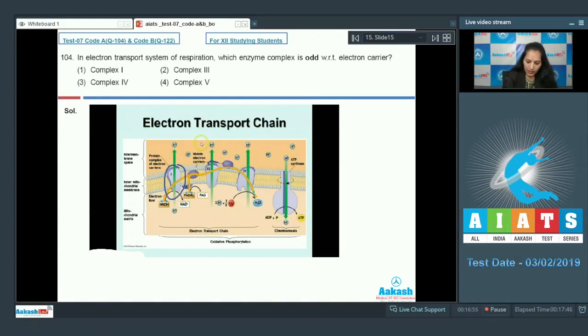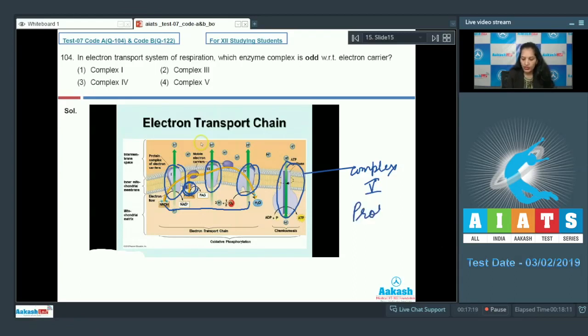This is complex 1, this is complex 3, this is complex 2, this is complex 4, and this ATP synthetase is called complex 5. These first 4 complexes transport electrons from one complex to another, but this complex 5 transfers protons, not electrons. So this transfers protons from the intermembrane space to the matrix to synthesize the ATP. So the correct option for the given question is option number 4.